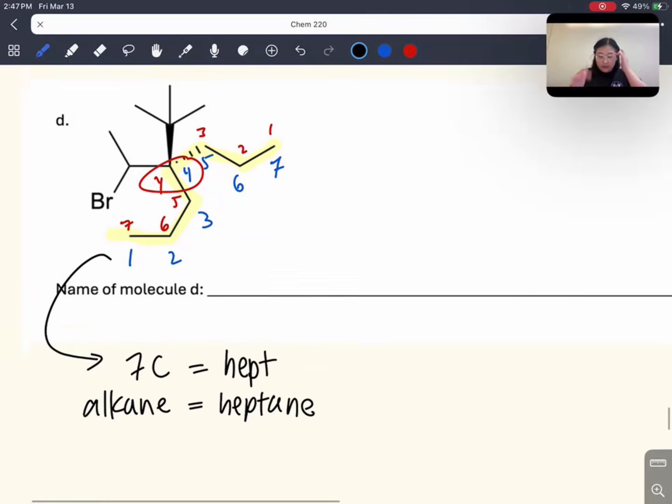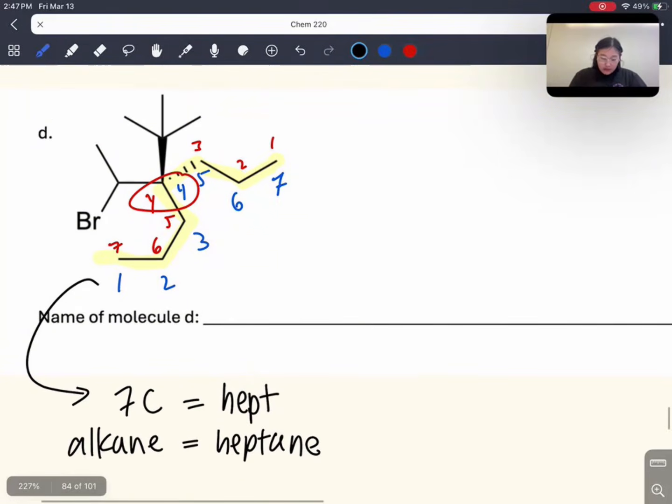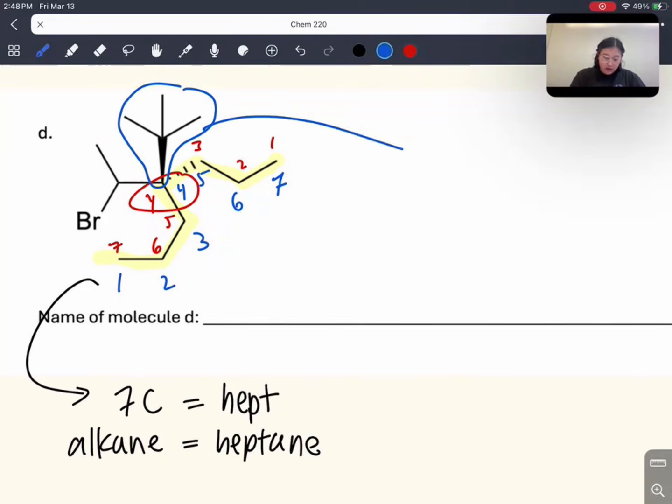So the next thing is I'm going to name my functional groups. Sorry, not my functional groups, my substituents. And so the first one I'm going to name is going to be this group right here. As we can see, we have 1, 2, 3, 4 carbons.